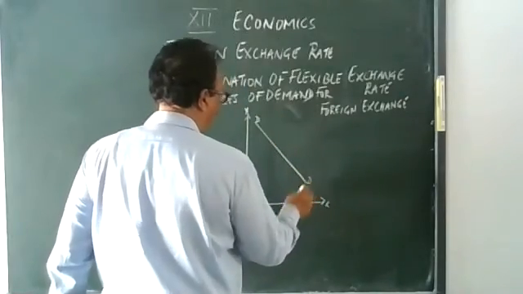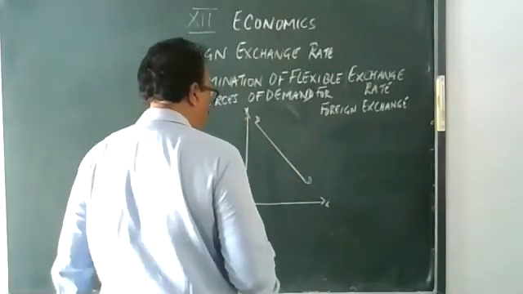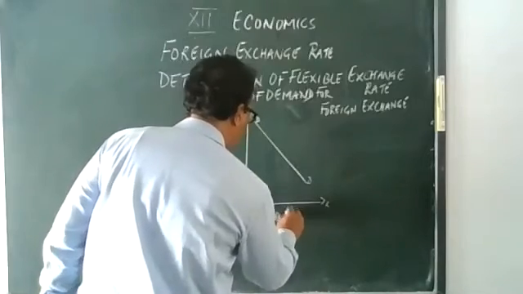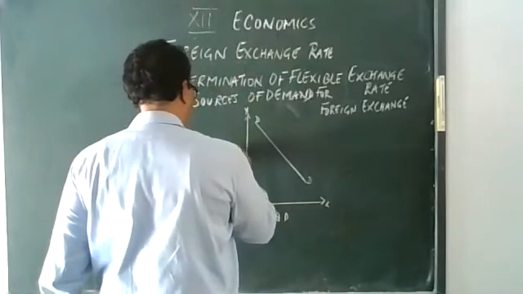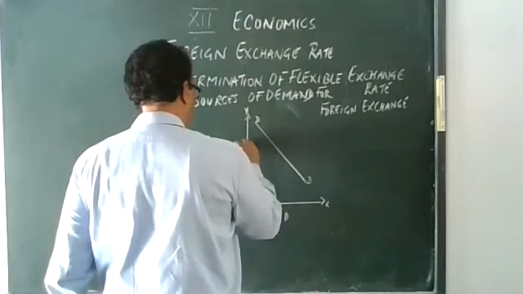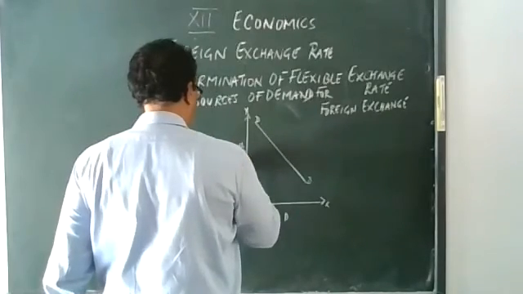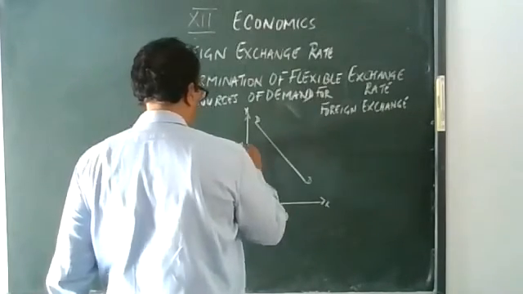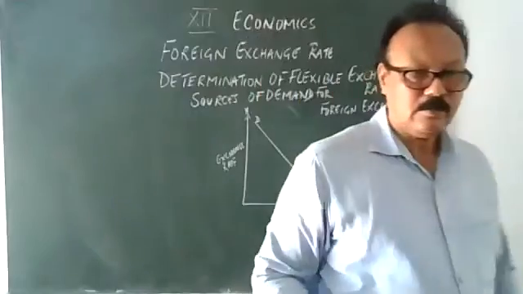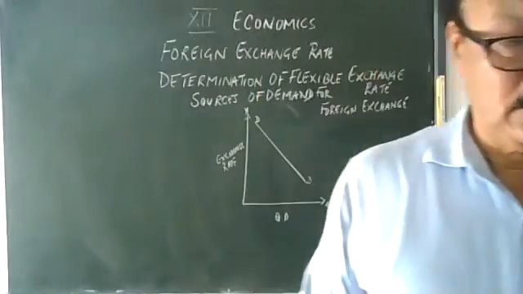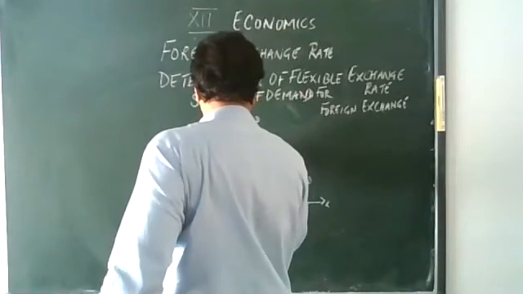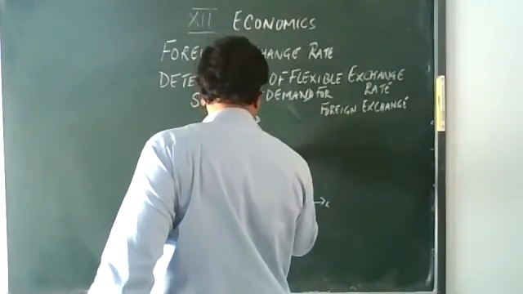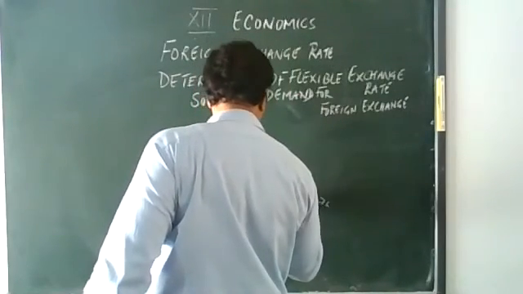Demand for foreign exchange would be downward sloping, quantity demanded, and this would be the exchange rate. This is the rate. This would be the quantity demanded.